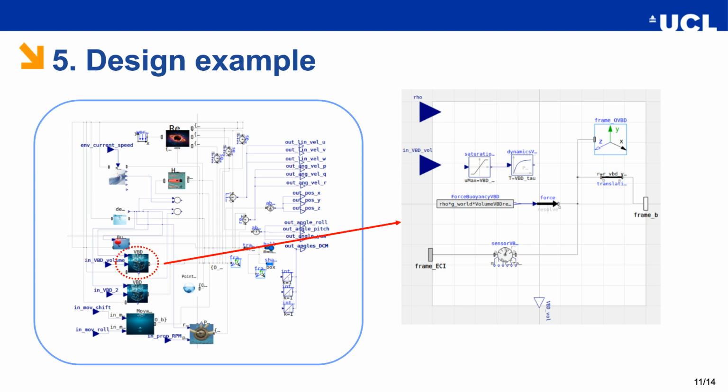Once again, this model implements a set of differential equations, of which we are seeing here only the graphical representation. Later on, I will also illustrate the presence of virtual sensors used in this specific case of the variable ballast device model to measure the position of the vehicle with respect to the inertial frame, which is needed in turn to implement the direction of the buoyancy force generated by the actuators.